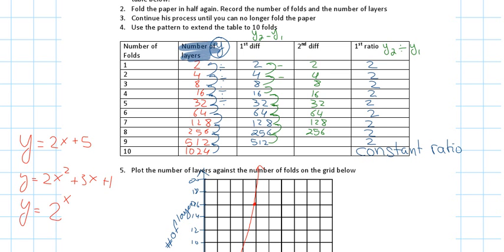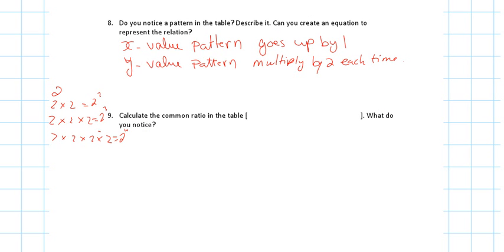So we calculated the common ratio, which is y2 over y1. And what did we get?